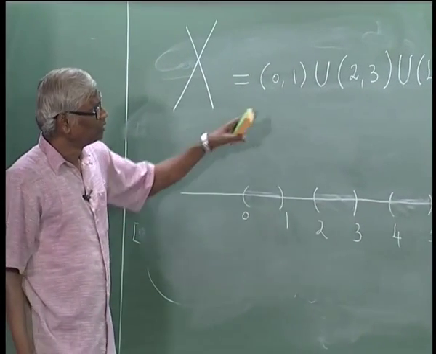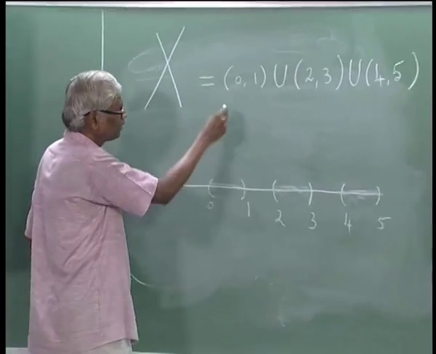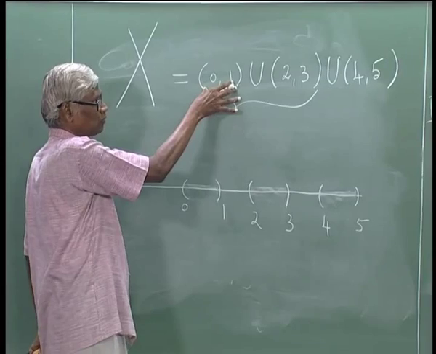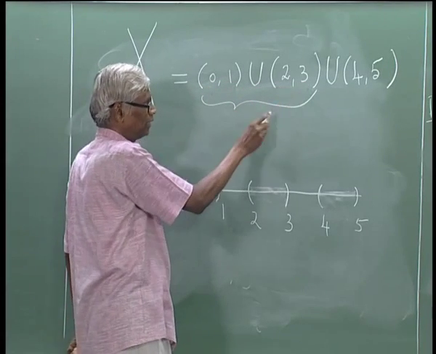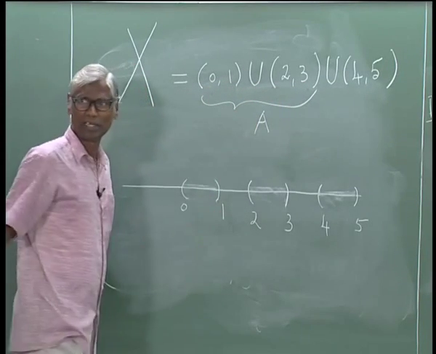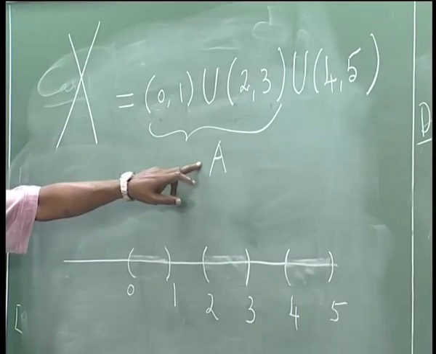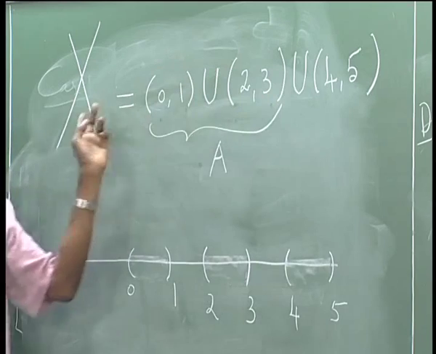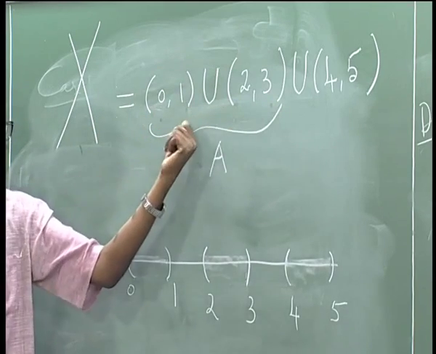Take the union of (0, 1) and (2, 3) as A. It is a non-empty open subset of X, and if we take the intersection with X we get the same set.